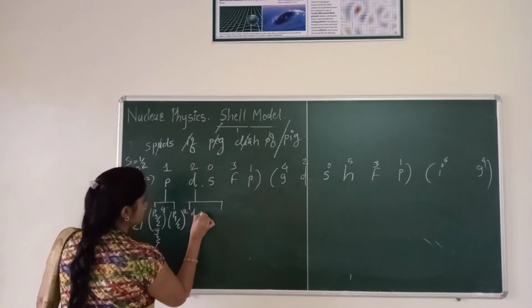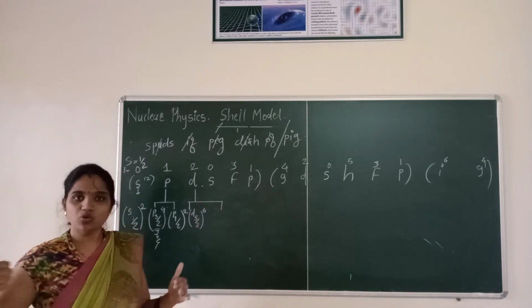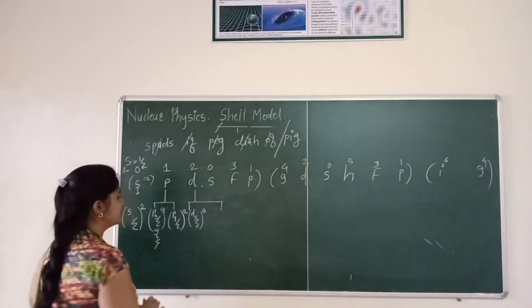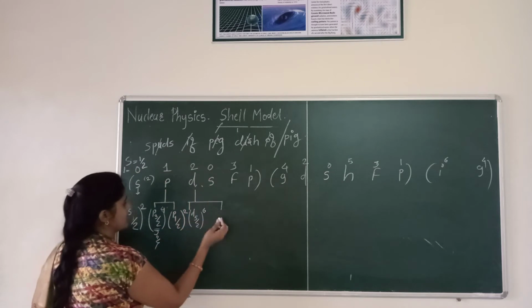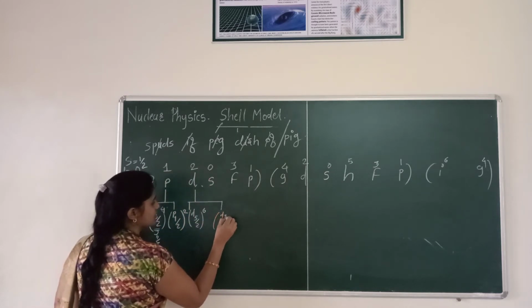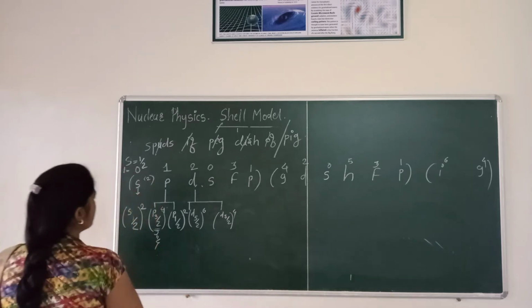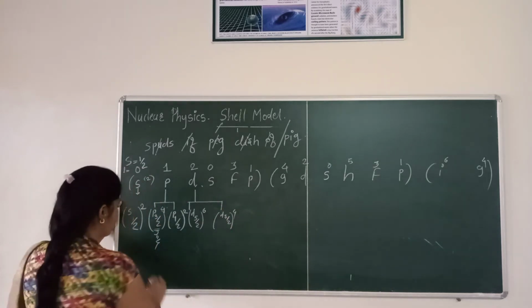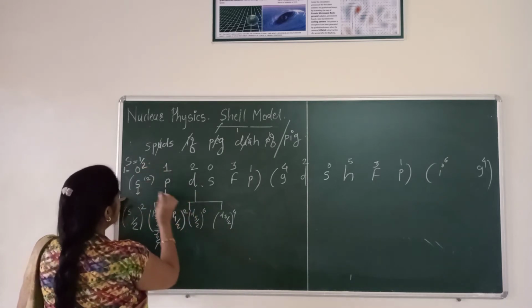Similarly, for D, 2 plus half is 5 by 2, D5/2. Occupancy will be 6: 5/2, 3/2, 1/2, minus 1/2, minus 3/2, minus 5/2. Means 6 nucleons should be there. For D, L minus half, that is D3/2, it is occupied by 4. And see here, for the first 6, intrusion exists. Why does intrusion exist?